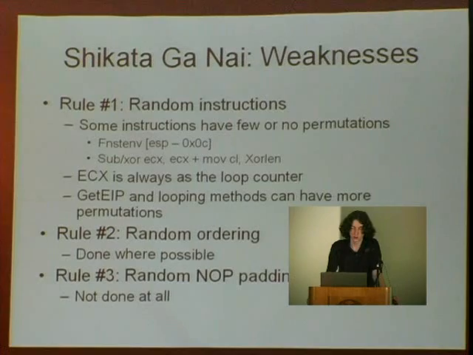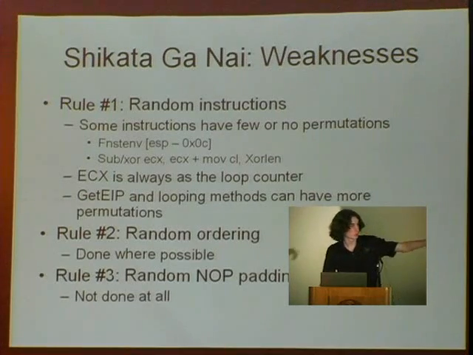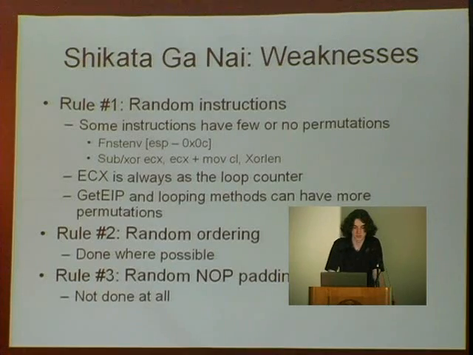The other thing is it always uses sub or Zor ECX to clear the ECX register, and then always uses the same instruction to move something into that register. That instruction chain also has very few possible permutations, which makes it weaker to analysis.